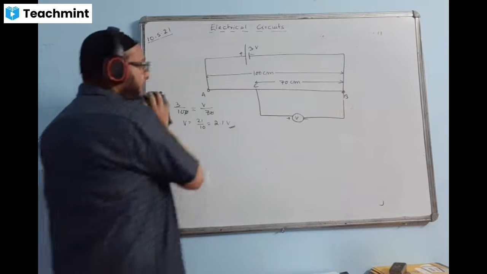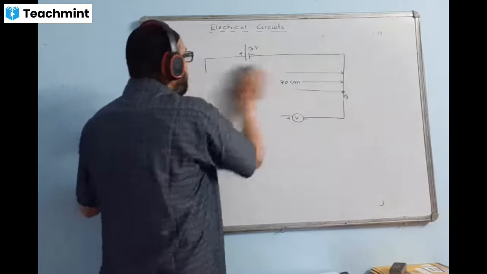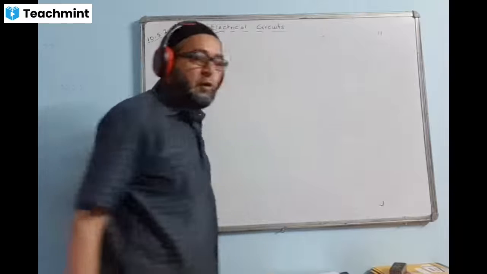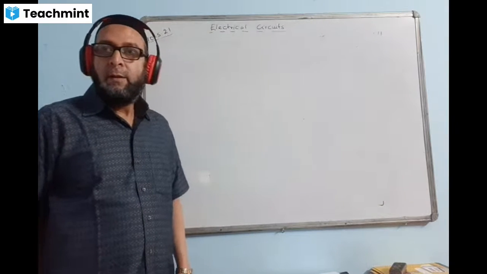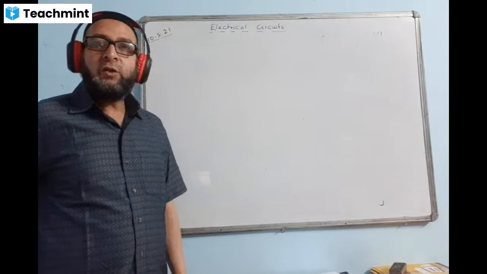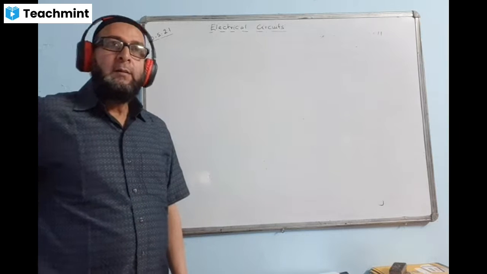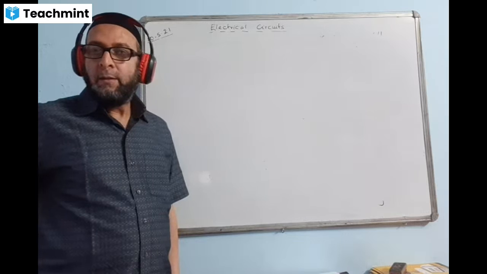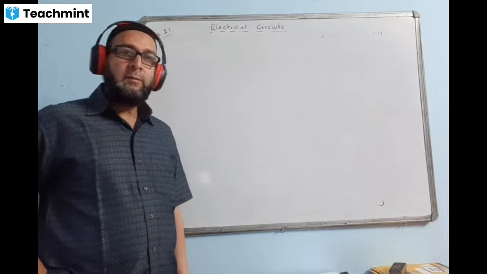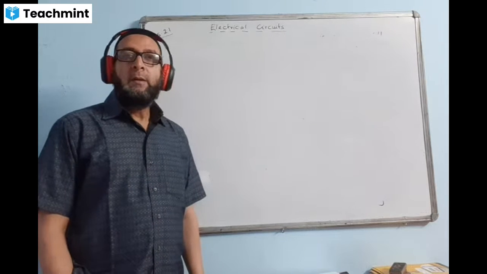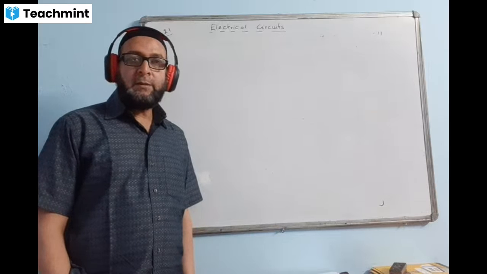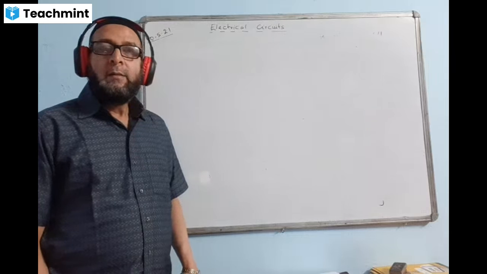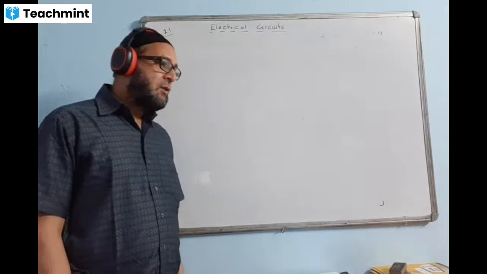Okay. Now next question. Right. A potentiometer has a wire of length 100 centimeters and a resistance of 4 ohm.